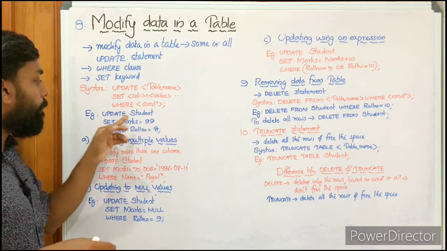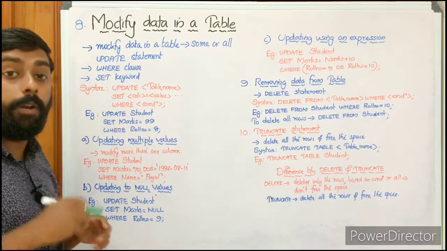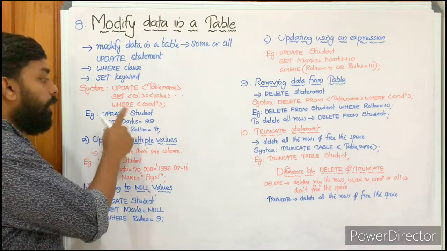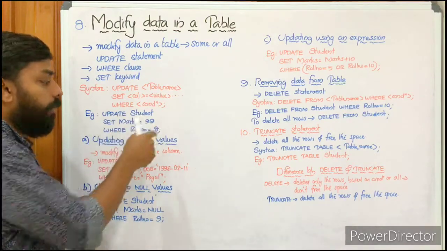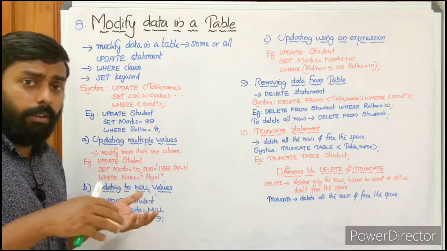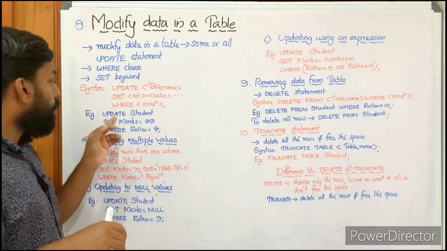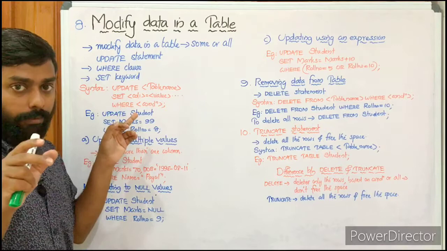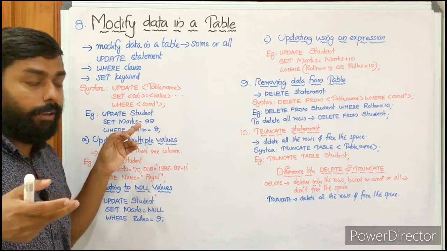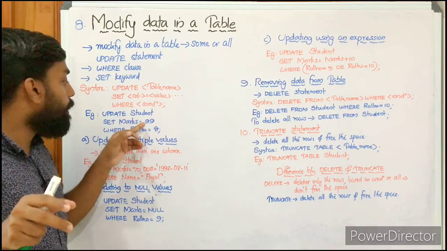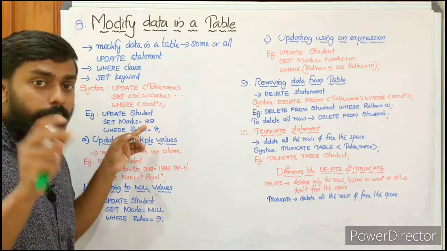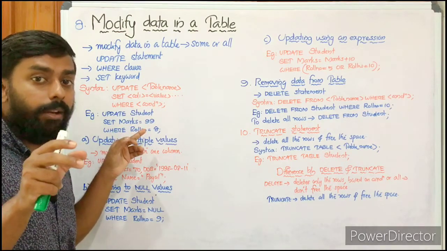Update student set marks equal to 99 where roll number equal to 8. What happens with this statement? We are working with the student table, right? So it updates the table student. How does it update the table? Just by setting the marks to 99.